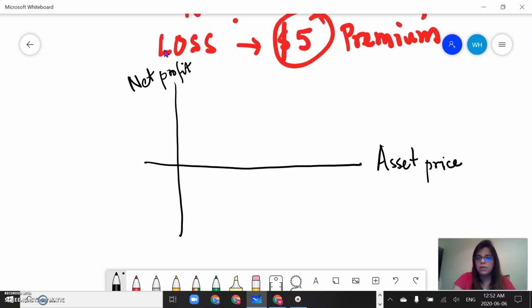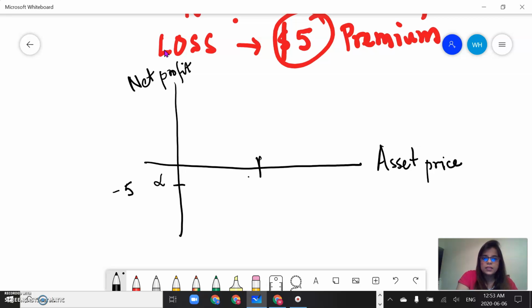First off, let's look at the buyer of the option, or from A's perspective. A has spent $5 to secure this option, the $5 being the premium, which we denote as alpha. It represents the $5 or the minus 5.